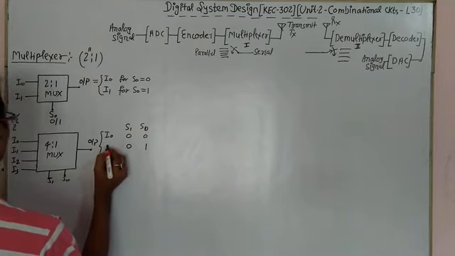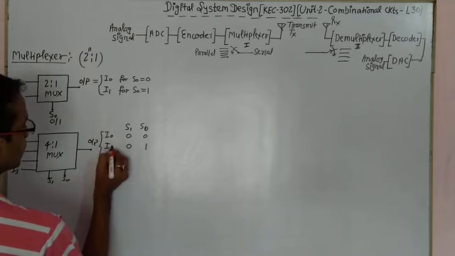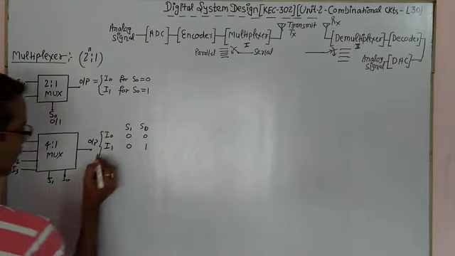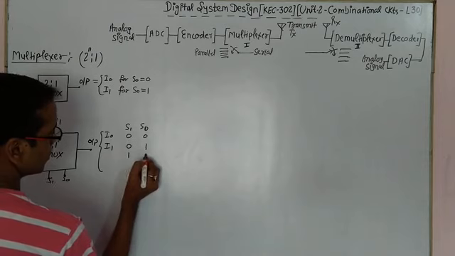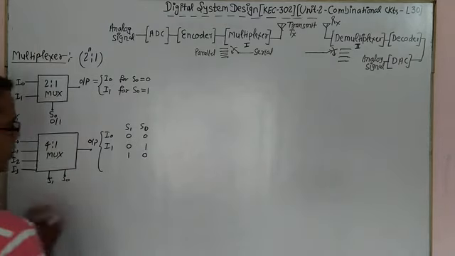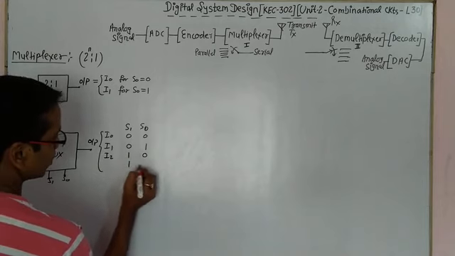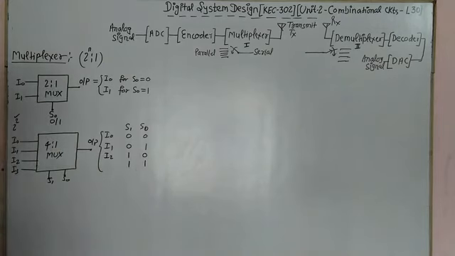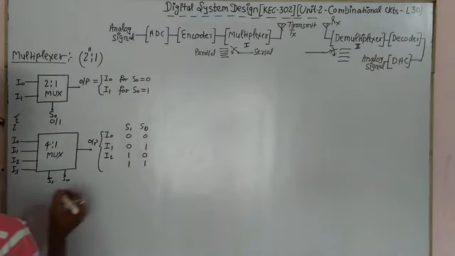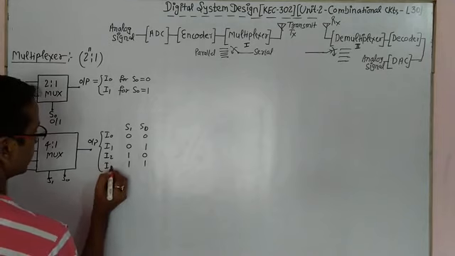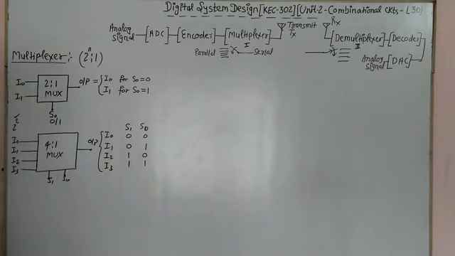So the output will be I1. Similarly, for the next combination, the output will be I2. And if you select S0, S1 as 1, 1, then you will get I3 at the output. So this is the basic fundamental concept of multiplexer.